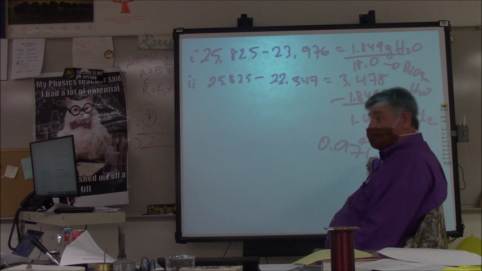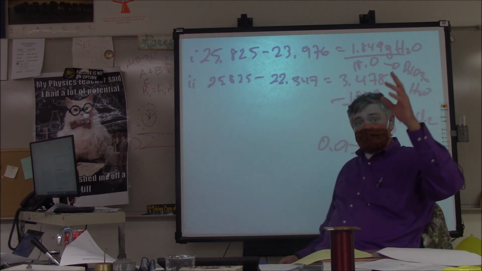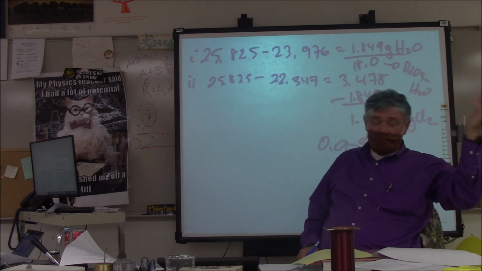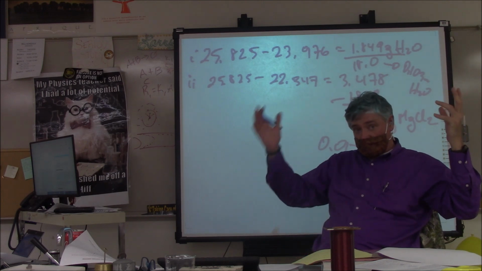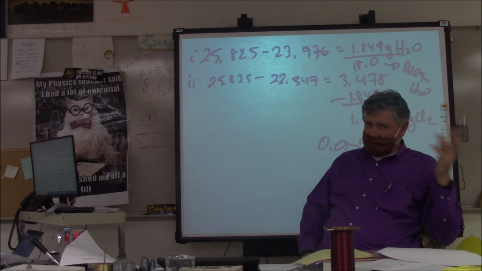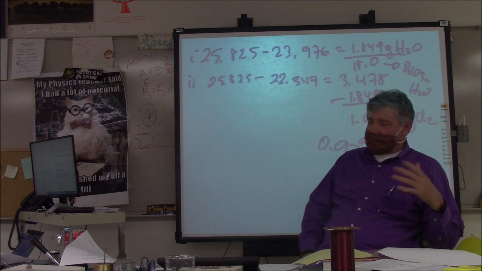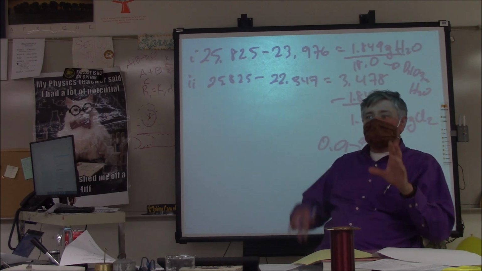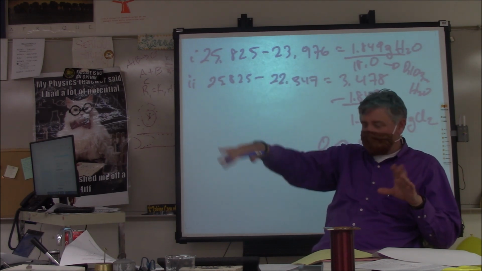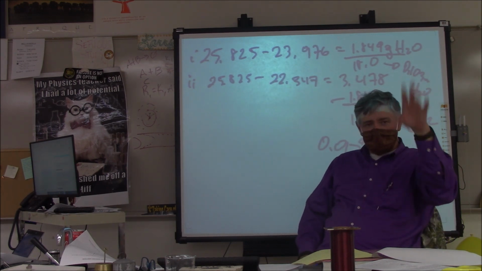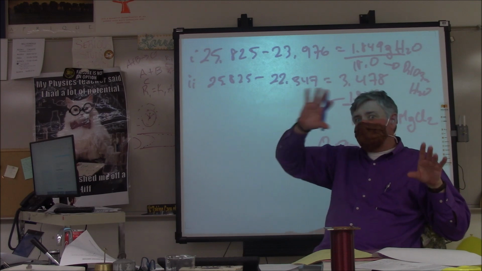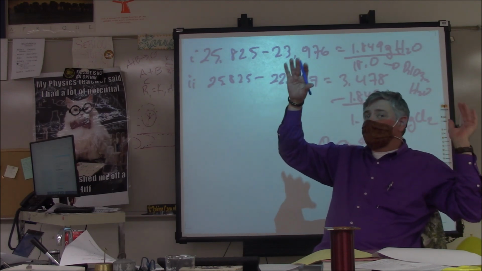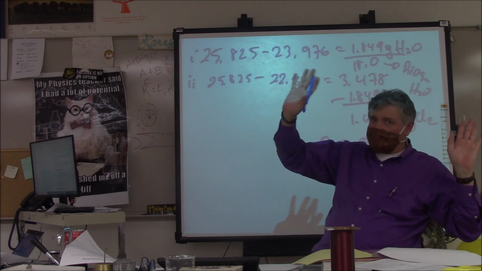If this was bigger, then I'd have like maybe 5, whatever it is, of magnesium chloride to 1 of water. And that doesn't happen with hydrates, okay? When you have hydrates, it's always 1 of the formula units to a certain number of water molecules. You never have more of the ionic compound than you do of the water. If that's what you get, I'm guessing that you screwed something up.